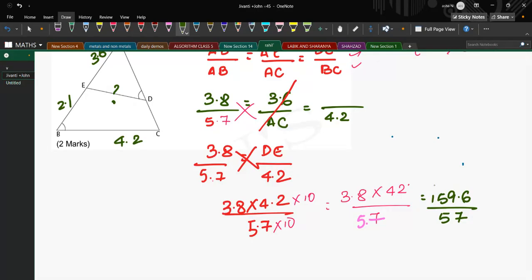Two times, by long division, it is 28. So it will be 2.8.